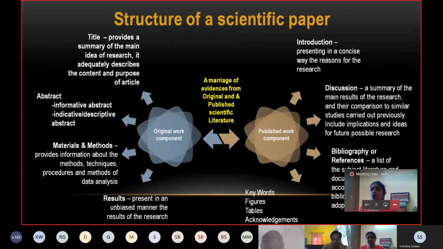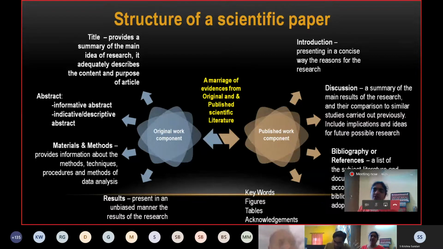Now, what's the way ahead? The way ahead is to clearly understand the structure of a scientific paper. Like I have said in my earlier slides, there are multiple types of publications. There are book reviews, short communications, conference proceedings, dissertations.